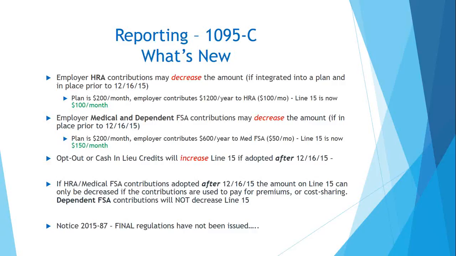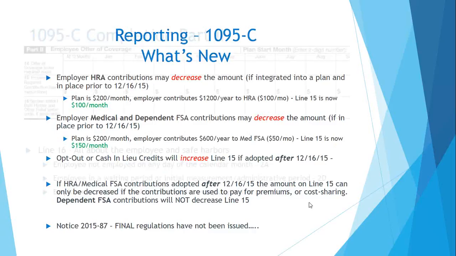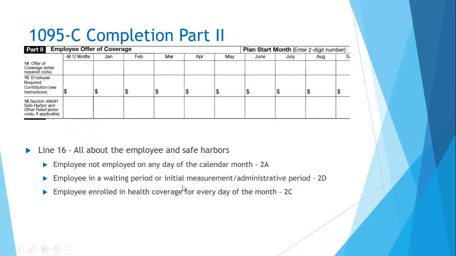And again, these are not final regulations. Just letting you know that it's out there, because you have a way to fight any penalties if these things apply to you.